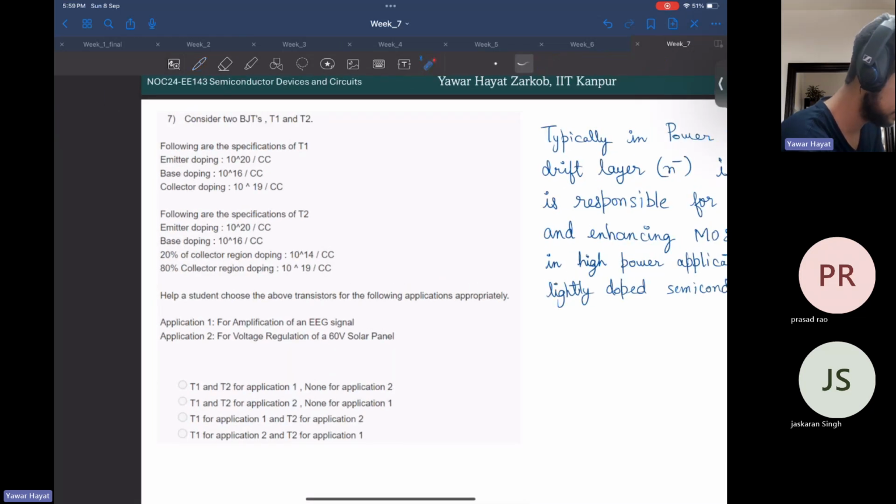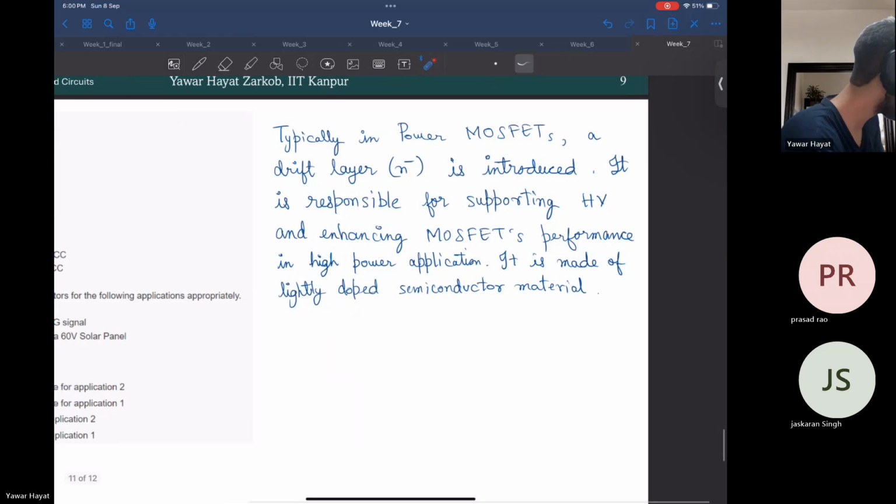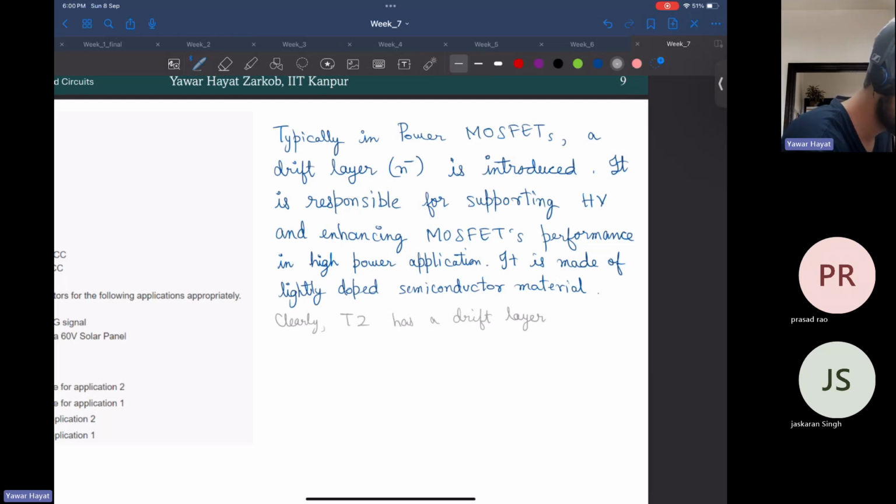This is a drift layer, right? I'll write this one as well. So clearly T2 has a drift layer, which makes it suitable for power applications.